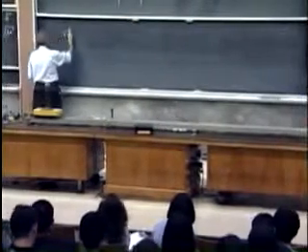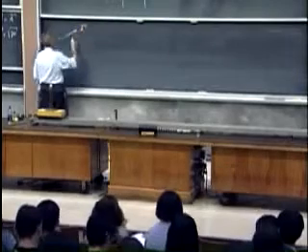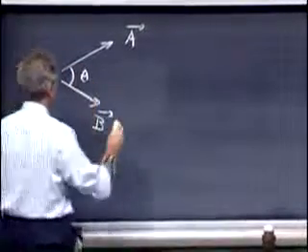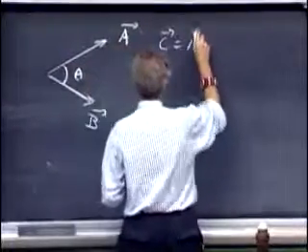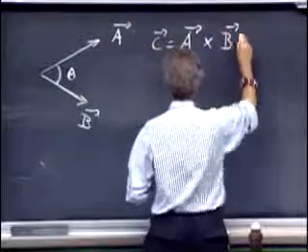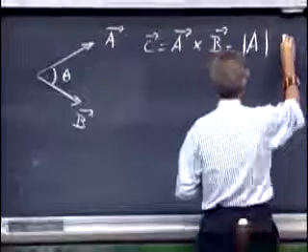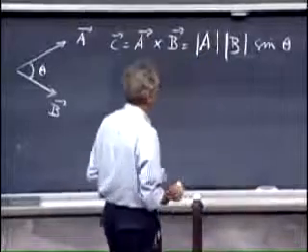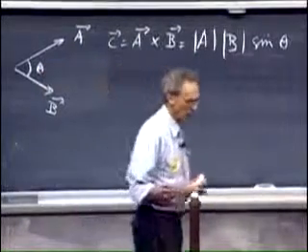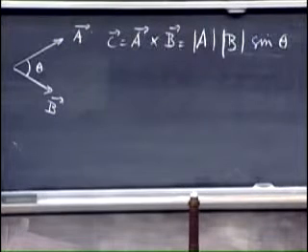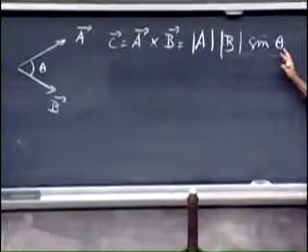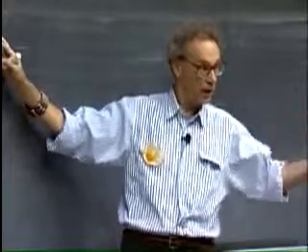If you know vector A, and you know vector B, and you know that the angle is theta, then the cross product C equals A cross B is the magnitude of A times the magnitude of B times the sine of theta, not the cosine of theta as we had before with the dot product. It is the sine of theta. So you can immediately see that this will be 0 if theta is either 0 degrees or 180 degrees, whereas the dot product was 0 when the angle between them was 90 degrees.